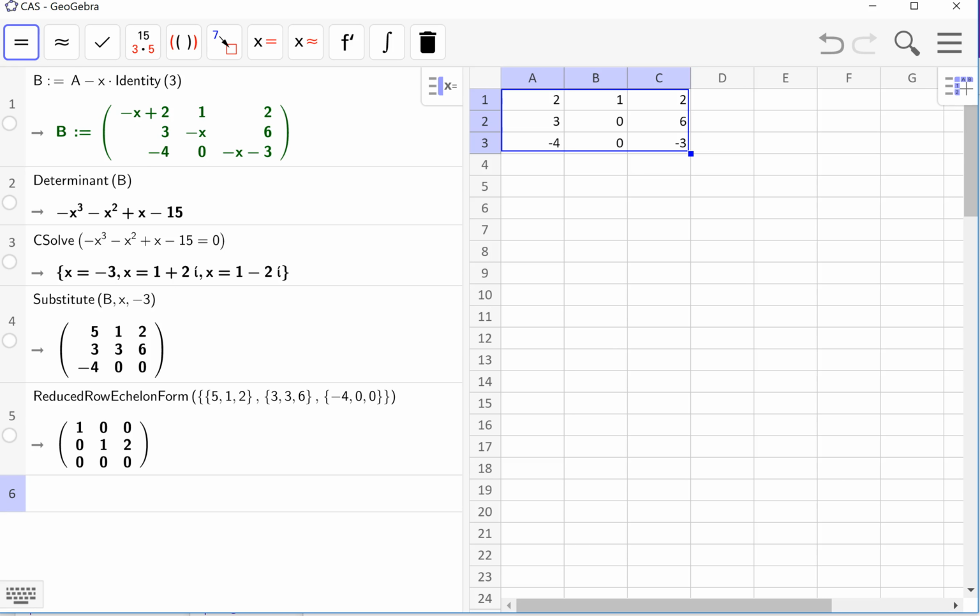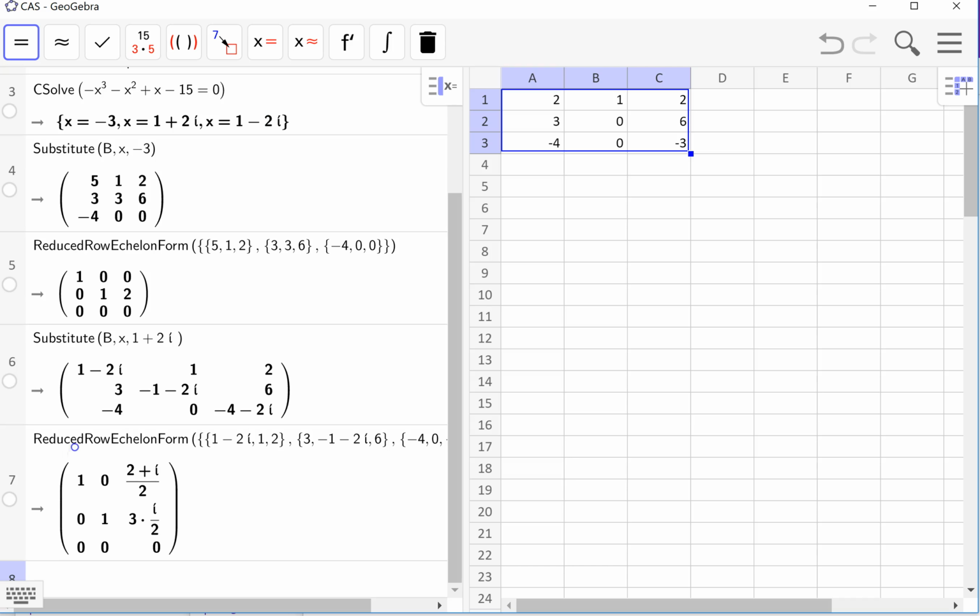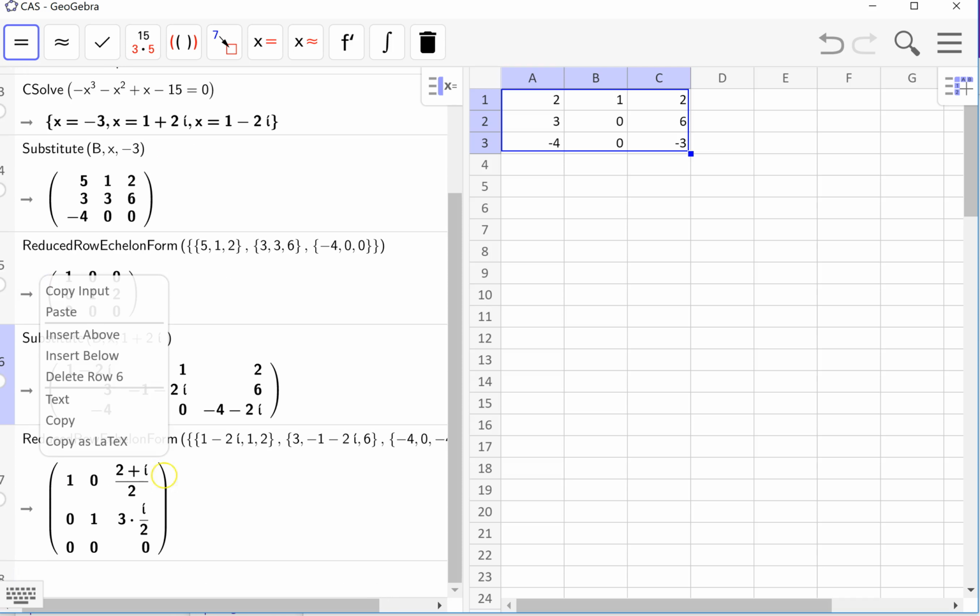So let's substitute into number, I want to substitute 1 plus 2i, and don't forget to hit the alt with the i, and then reduced row echelon form of number 6, and we get that. So we've got an eigenvector here of negative 1 minus i over 2, and negative 3 halves i, 1.